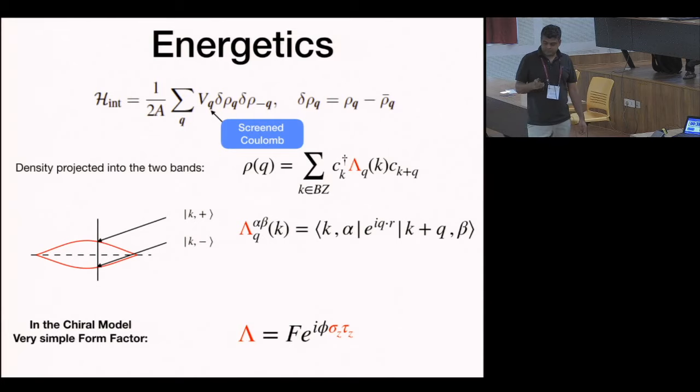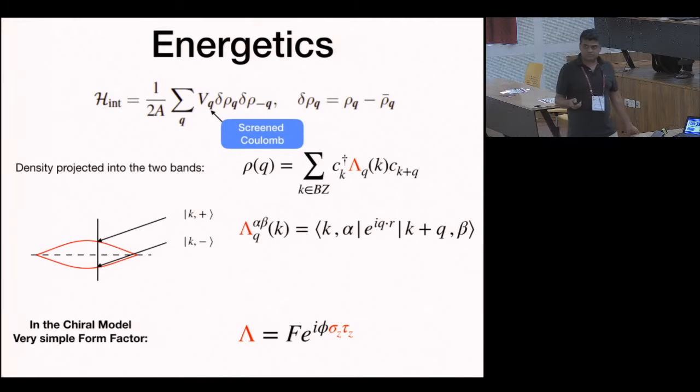Now the big simplification we get in our chiral model limit is that this form factor is extremely simple, and it just takes this form. I won't tell you the details of what these functions look like, but the only matrix it depends on is the product of the sublattice and the Valley matrix.